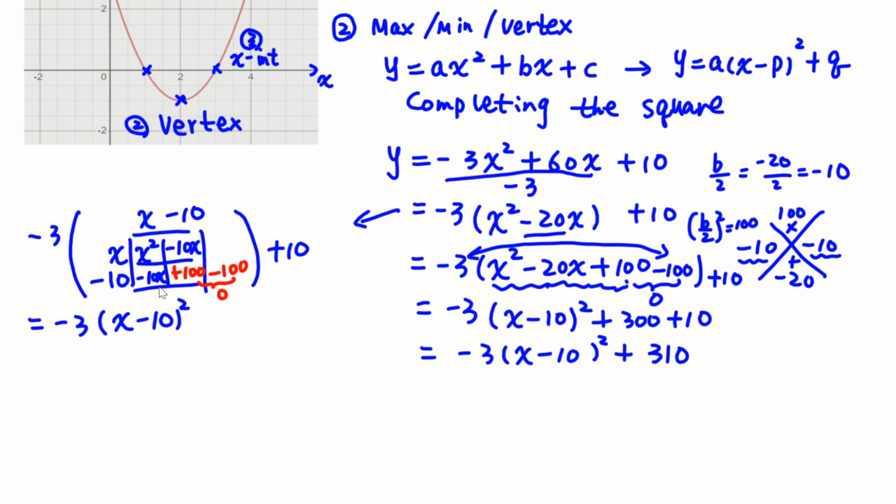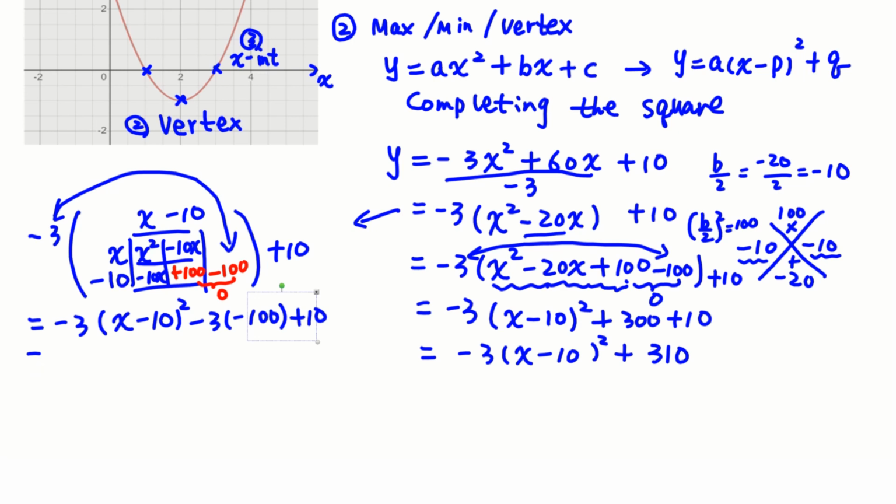This 2 by 2 box gives you x minus 10 bracket squared. Then the constant outside the box, we didn't use it yet. We times it with the value at the front, negative 3 times negative 100, then plus 10.